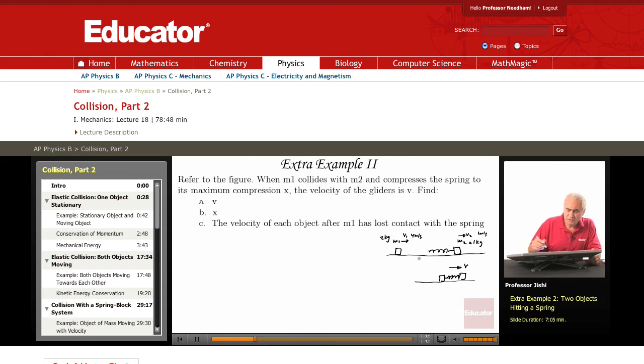It's a collision. Before collision, or in this instant, initially, the total momentum is m1 v1 plus m2 v2. We ignore the mass of the spring. We assume it's very light. In this situation here, both masses are moving with velocity v, so I have m1 plus m2 times v.